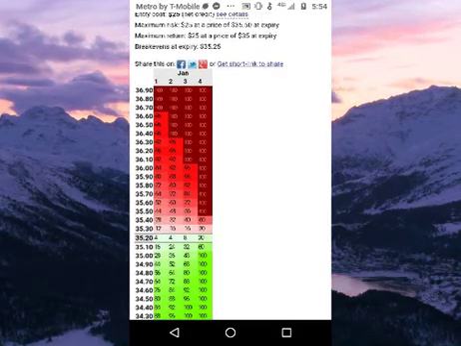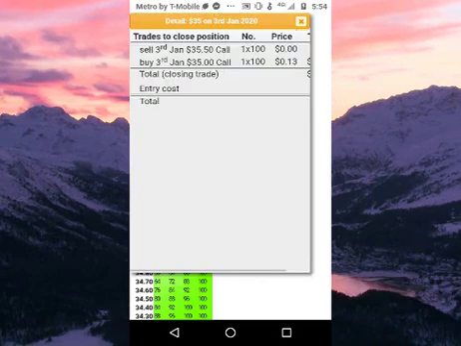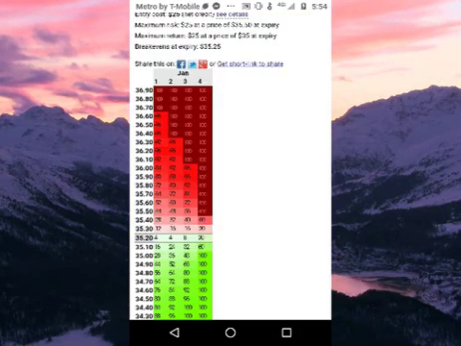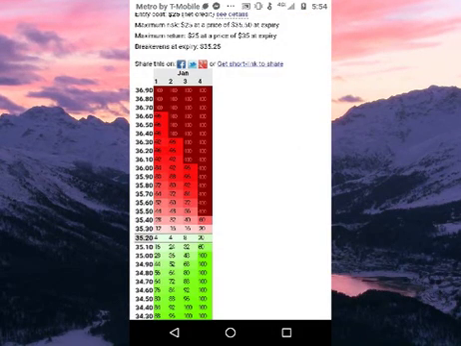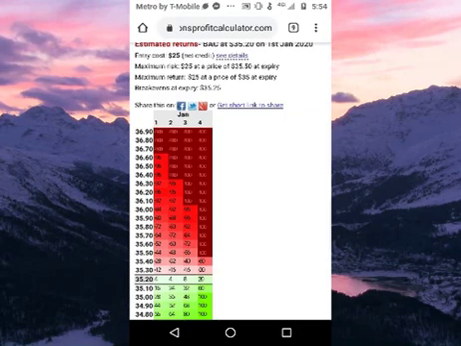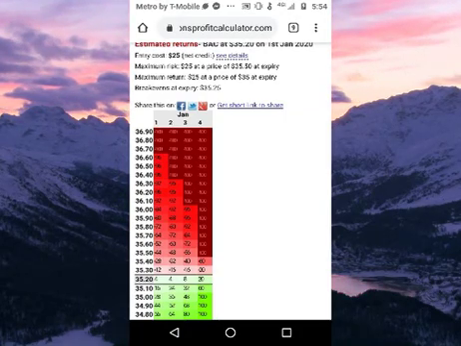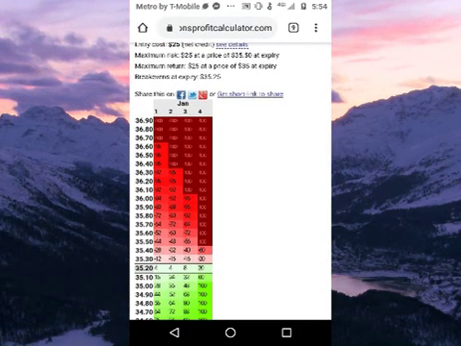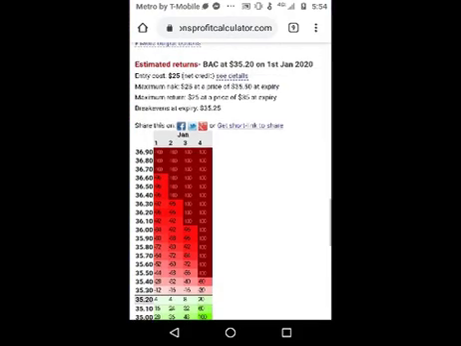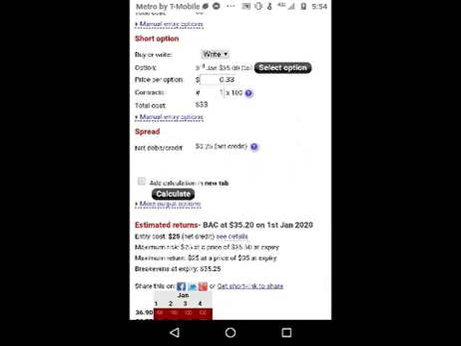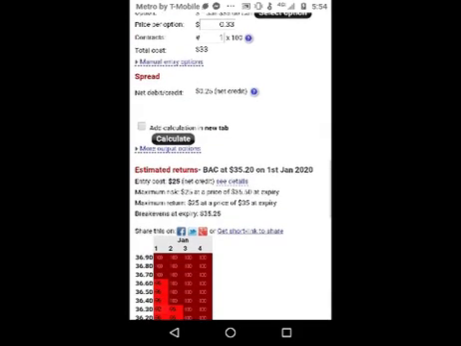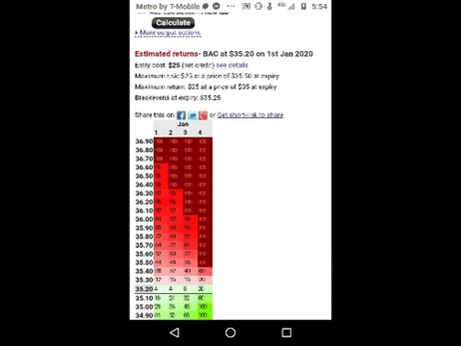So if the options expire at $35, we're going to make our profit. The stock price needs to go below $35, or be at $35, for us to make a profit. It needs to get below the lower strike price, which is $35. So that, in simple terms, is how you can use the options profit calculator to see exactly your maximum risk, your maximum return, your break-even price, and to see the projections.